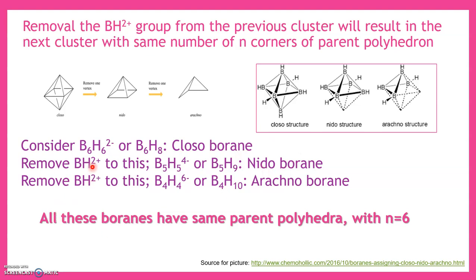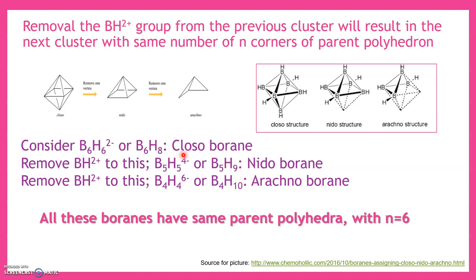Again, by removing one more BH2 plus, I get B4H4 6 minus or B4H10, which is arachnoborane. So all these boranes have the same parent polyhedra with n equal to 6. That is, I'm always referring to the octahedron here for all these 3 classes of compounds.